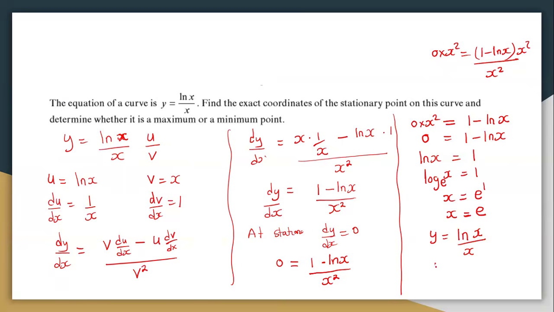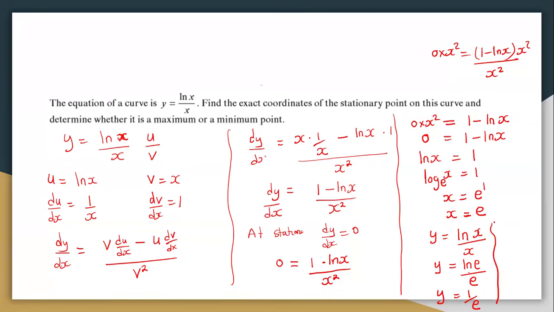We substitute the value of x, which is e. So what shall we have? ln e divided by e. So what is ln e? That is 1 over e. Okay, thank you.